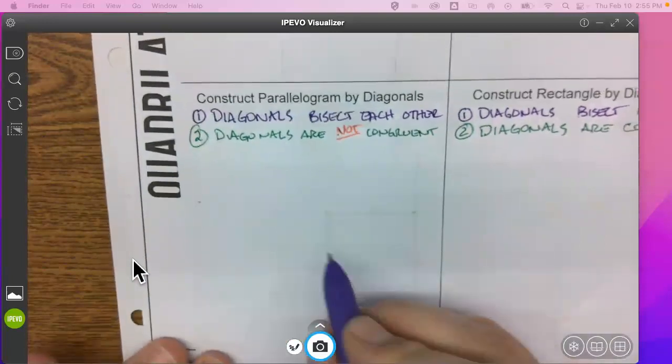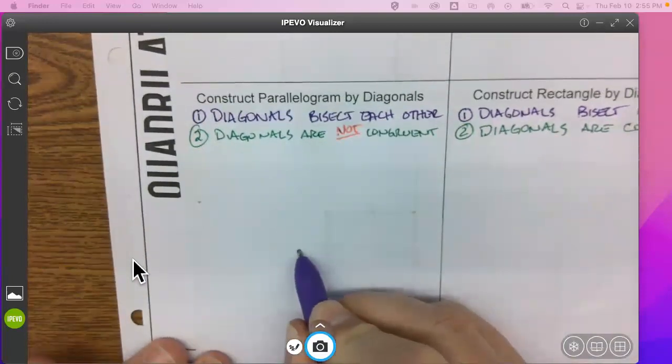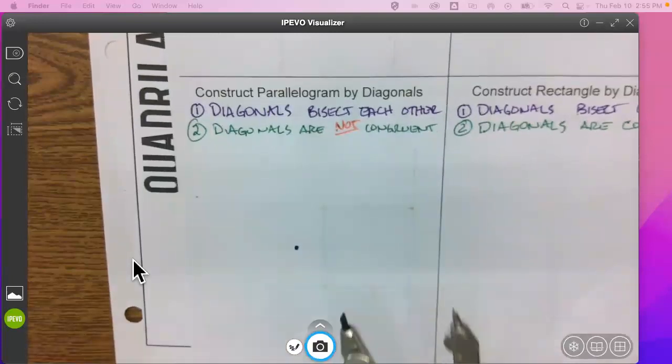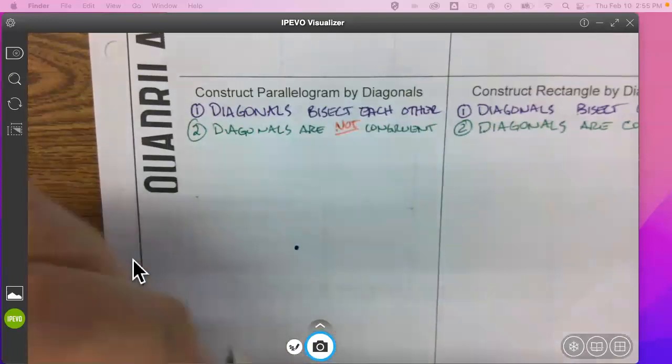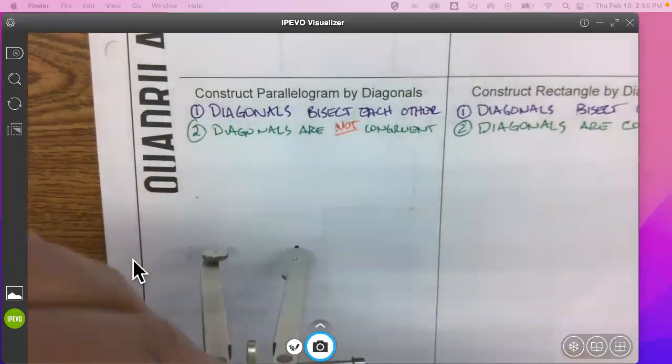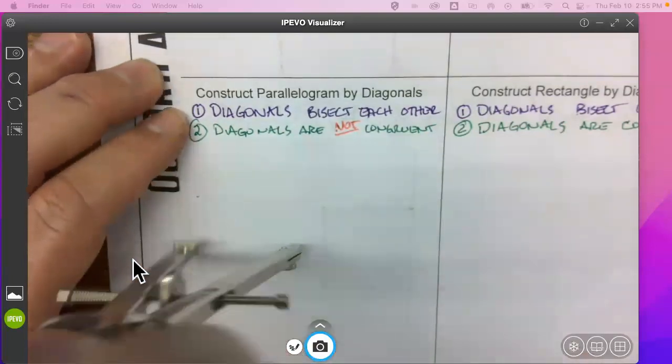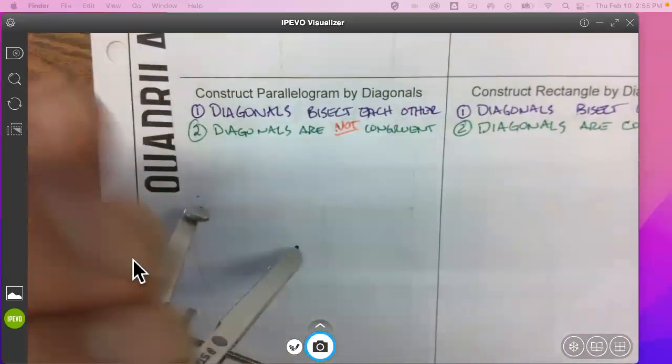Well, let's do this. Everybody find the middle of your box here. And take your compass, anchor the needle on that dot, and make your compass as big as you can fit without going off the paper into the words. A nice big circle.